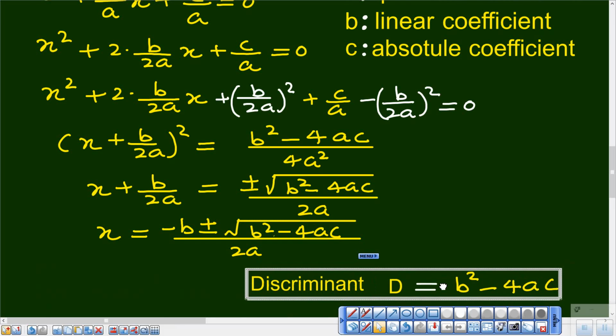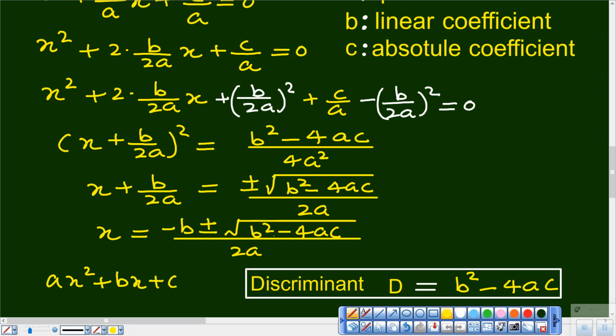You can see that for the quadratic equation ax square plus bx plus c is equal to 0, the discriminant is b square minus 4ac.